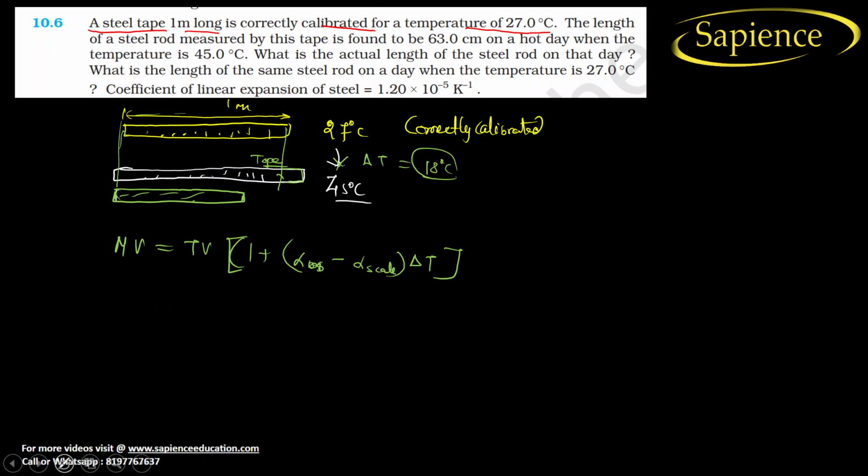We can also use this way, that measured value is equal to true value times 1 minus alpha s into delta T. By binomial expansion we can do this. So this is not a plus, this is a minus.